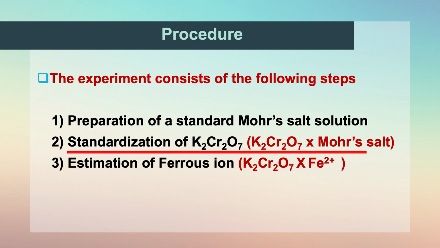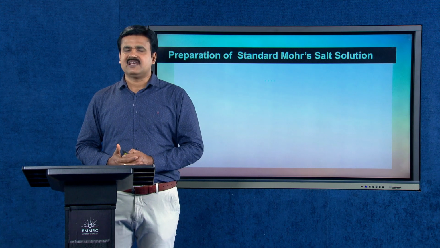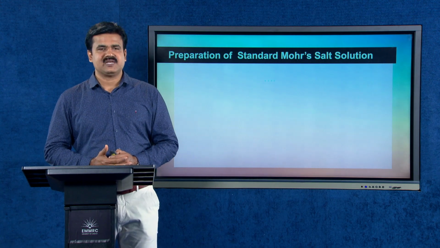For this, we are performing a titration between K2Cr2O7 against Mohr's salt. The last part of the experiment is estimation of ferrous ion, and for this we are titrating potassium dichromate against the given ferrous ion solution. We are entering into details of the experimental procedure.